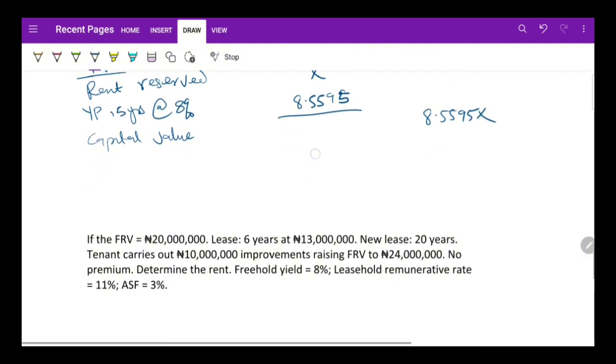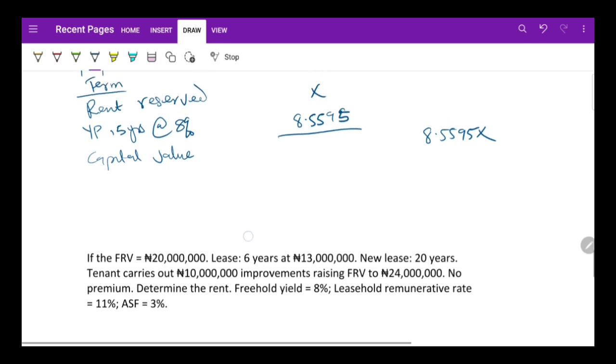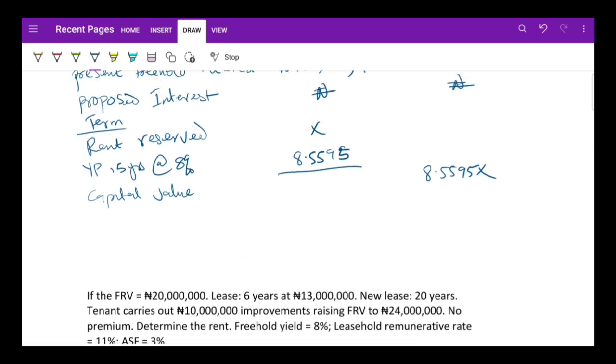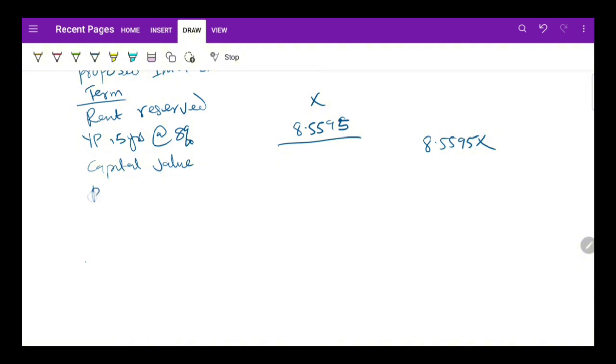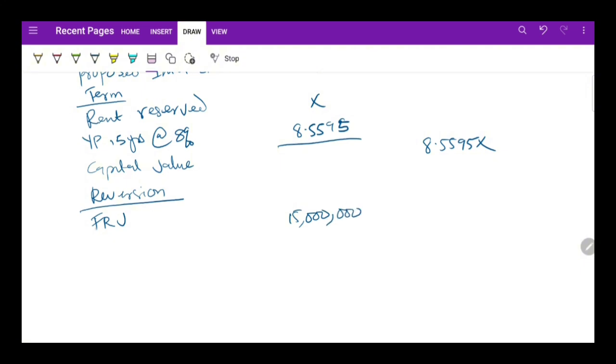So now we go on to do the proposed reversion. Proposed reversion. So we do full rental value is equal to 15 million naira. Then we do YP in per deferred 15 years at 8%, and that gives us 3.94.